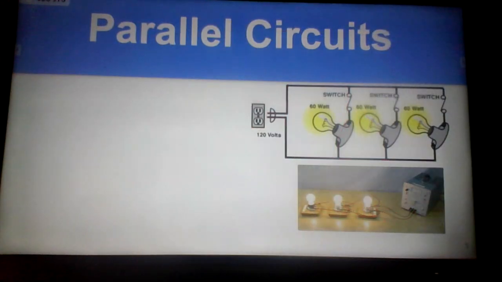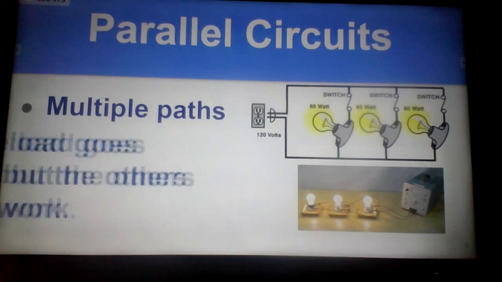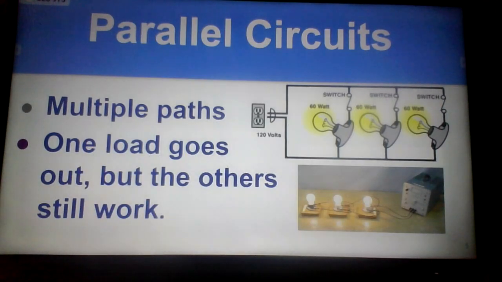So in a parallel circuit, what we have are multiple paths for that electricity to travel through, and that's a benefit. Now if something goes out in the house, everything else will still work.